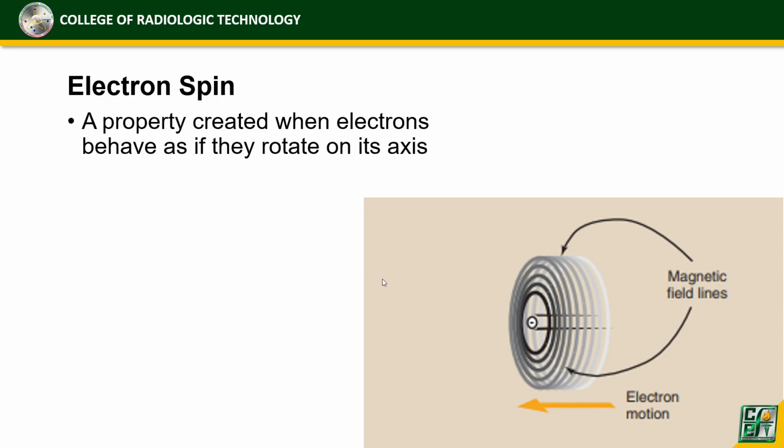Sorry, wala yung aking pointer. So it creates magnetic field lines. Okay. Yung magnetic field lines niya ay pabilog. Okay? So in that sense, kaya siya ay parang umiikot yung electron.